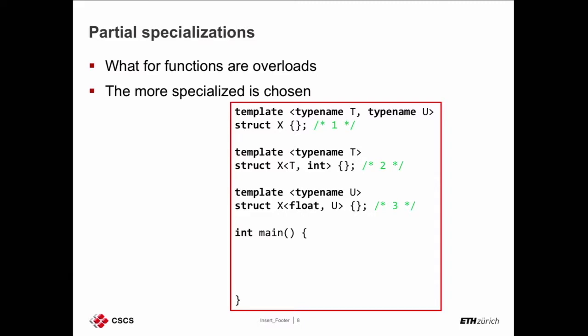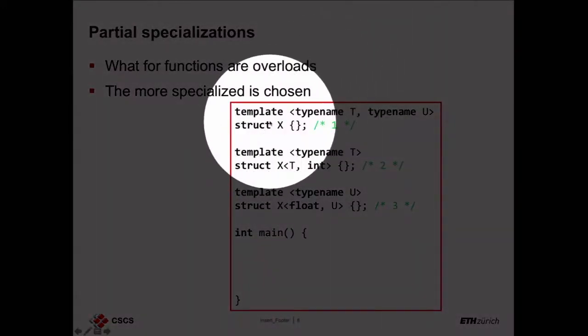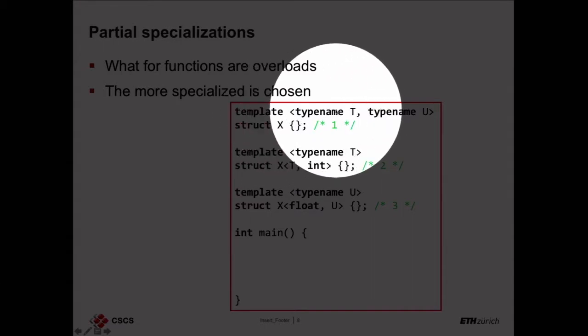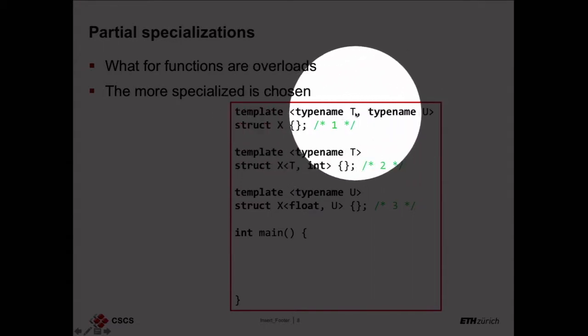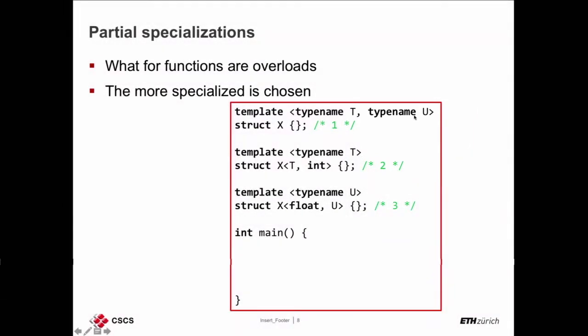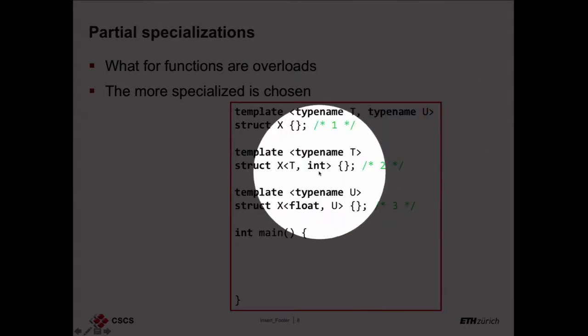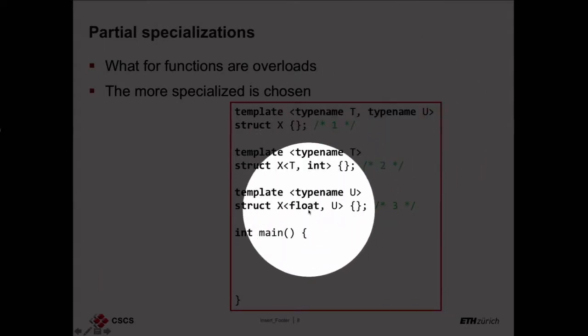What you can do with C++ is partial specialization. So suppose that I have a struct X, which is instantiated with two type names, with two types, T and U. But I want to implement a version of my class in the case in which the second type U is an integer, or in case the first type is a float.